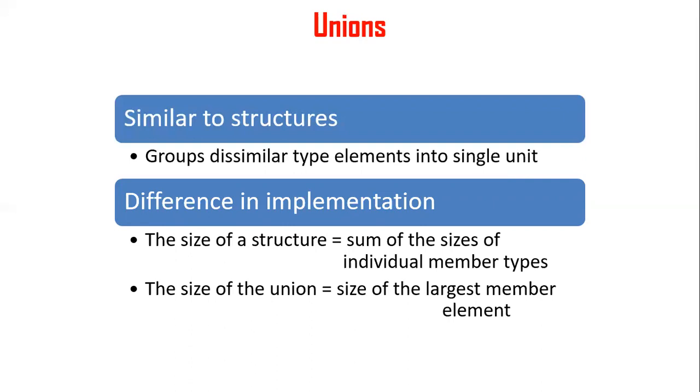So in implementation, the size of the structure is equal to the sum of the sizes of individual member types. Then in union, the size is equal to the size of the largest member element. Let us understand the difference between structures and union.